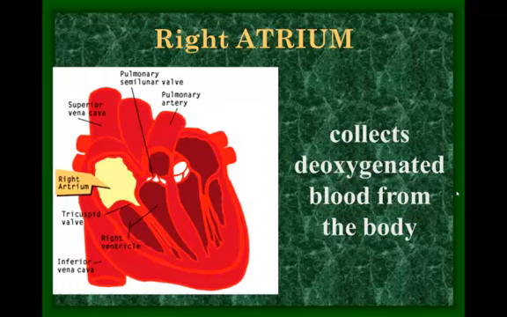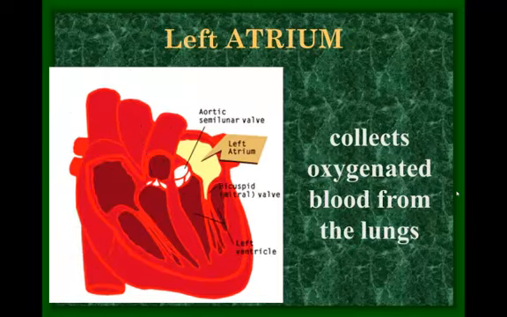Well, that's the kind of blood that the right atrium is collecting, because it's coming from the body. The left atrium, though, the blood is coming from the lungs. So in the lungs, it has gotten its rich supply of oxygen and gotten rid of most of the carbon dioxide. So it's oxygenated blood or oxygen-rich blood.